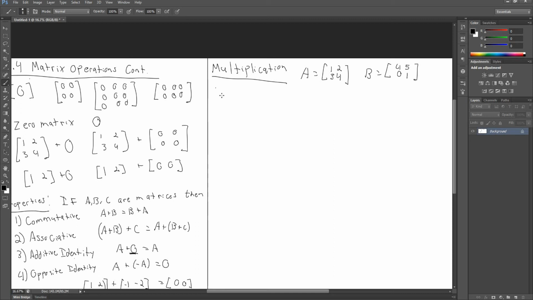So we look at if I had A times B. We look at the rows for the first matrix, in the columns for the second matrix.